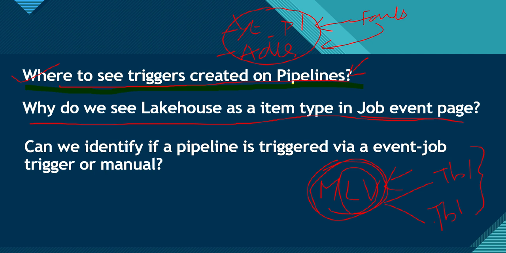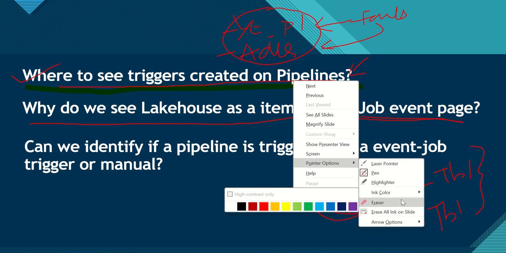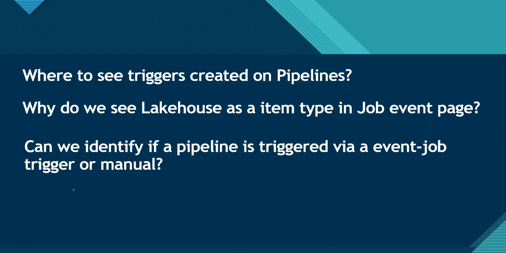Okay, so third question, can we identify if a pipeline is triggered via an event job trigger or it is a manual trigger? As I informed you in the beginning, we have two pipelines. One is the YouTube pipeline, another one is the ADLS to LH pipeline.